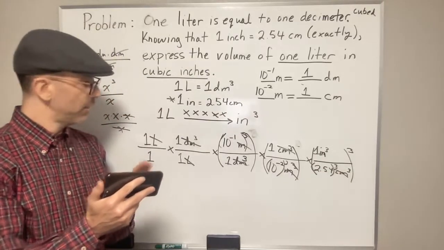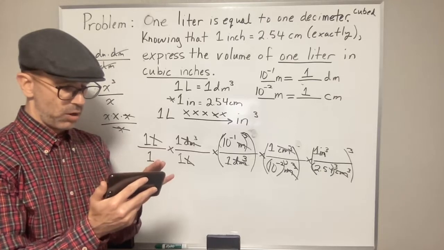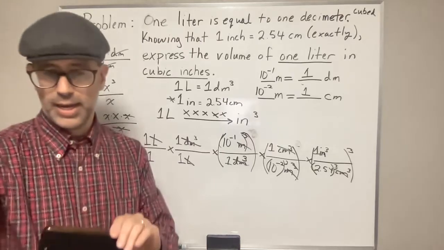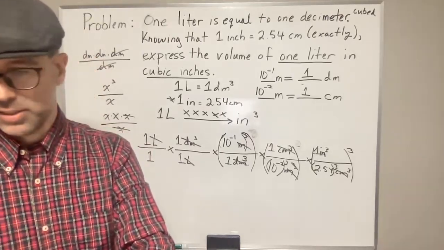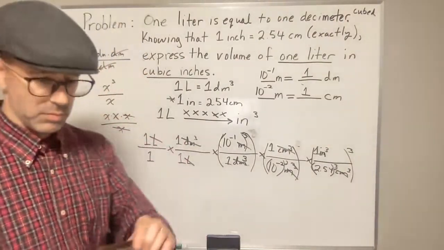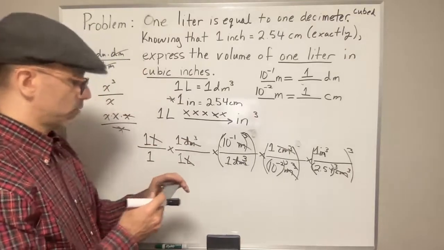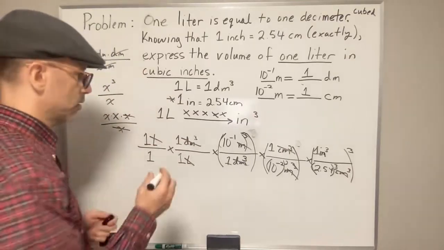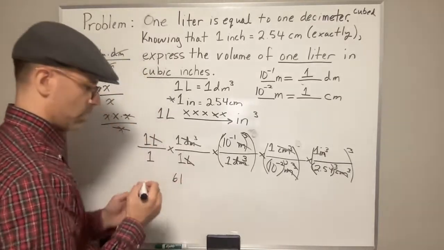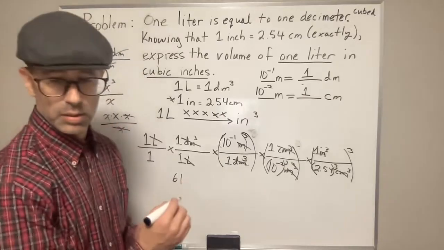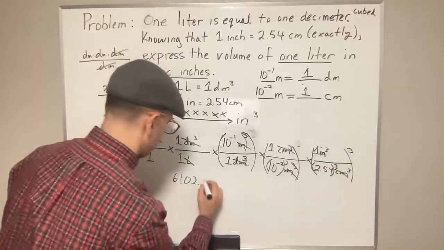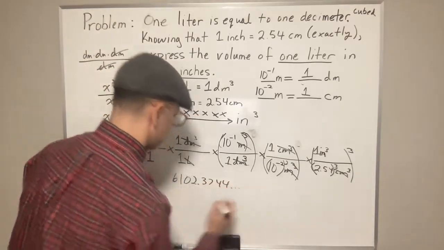So divided by 2.54 cubed equals, okay, and for my answer, I get, let's see here, 61,02 point, and then there's some 373744 dot dot dot.